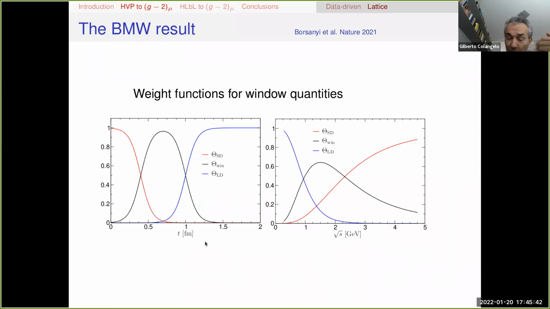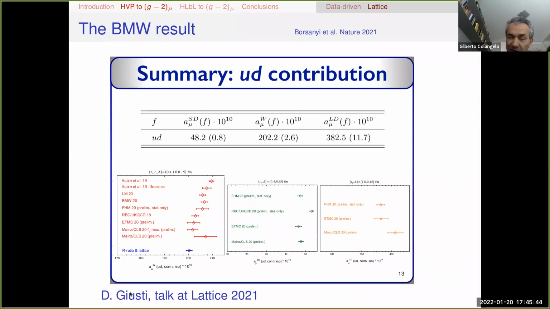And here's a plot stolen from Davide Giusti, who gave a talk at the Lattice conference last summer. And this shows that there are now several other lattice collaborations which have calculated these quantities. This is the leftmost plot you see down here. And you see that there's a distribution of values from lattice collaborations, many of them with very high precision.